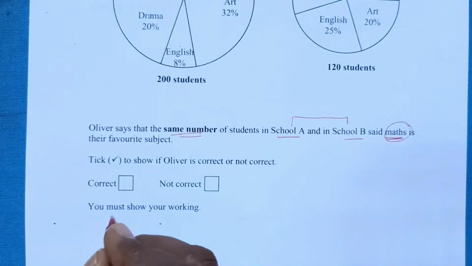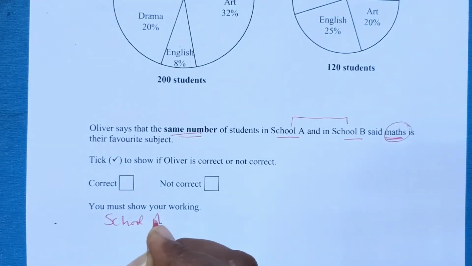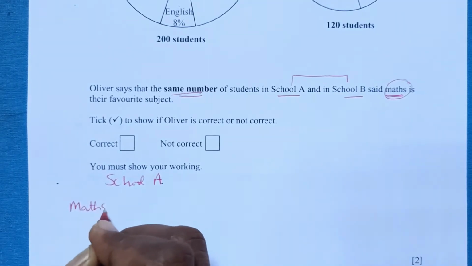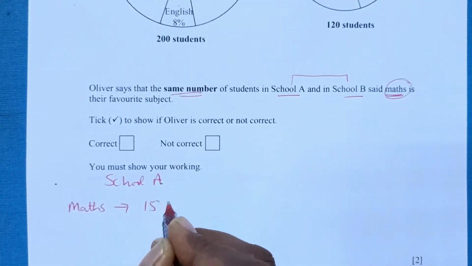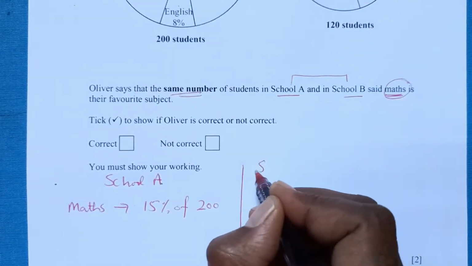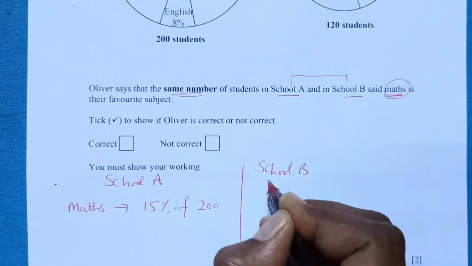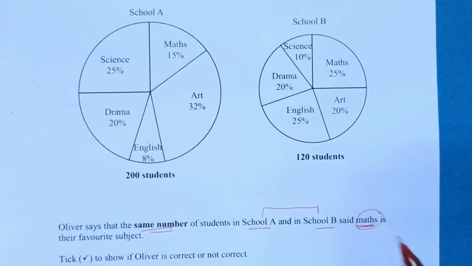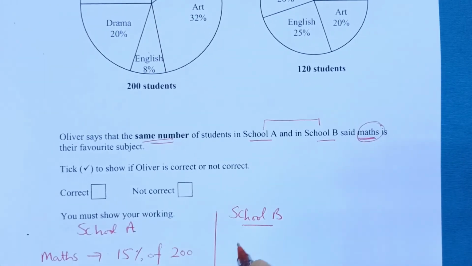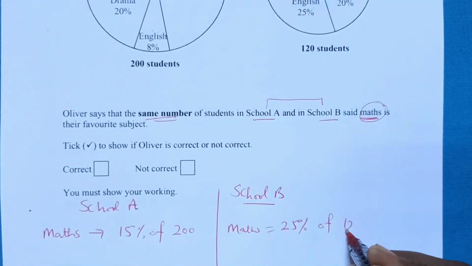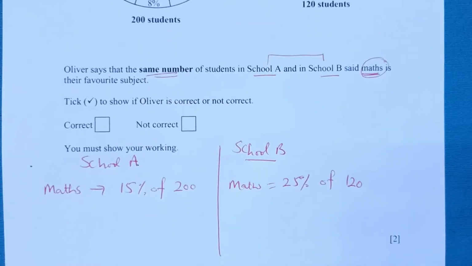So for school A, maths favorite subject is 15% of 200 students, and for school B it is 25% of 120 students. Let's see, is it the same or not?